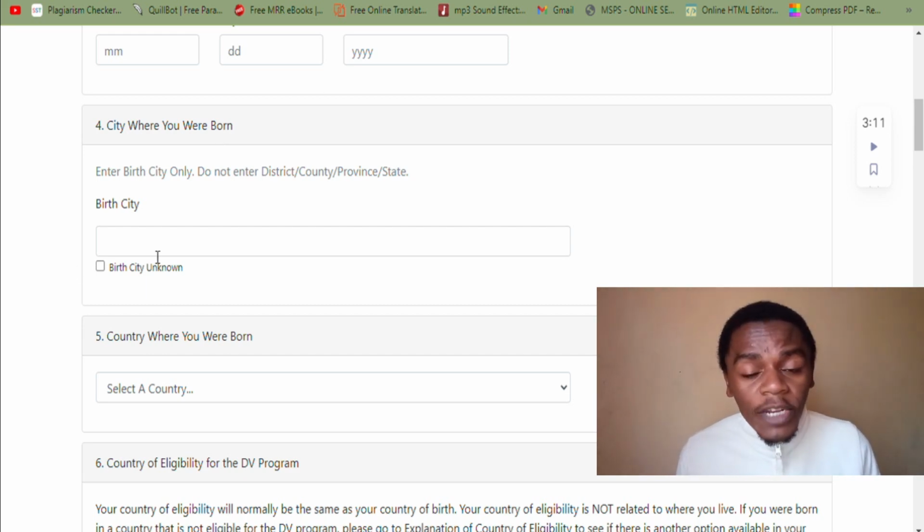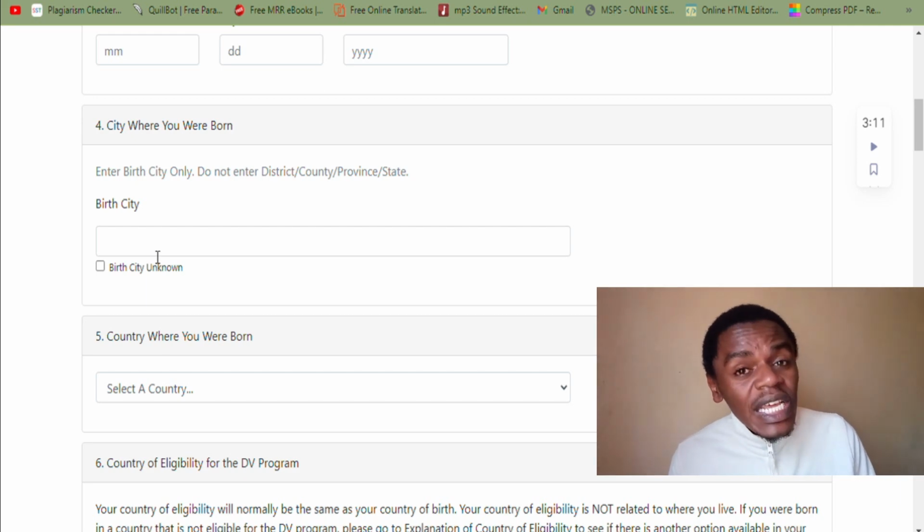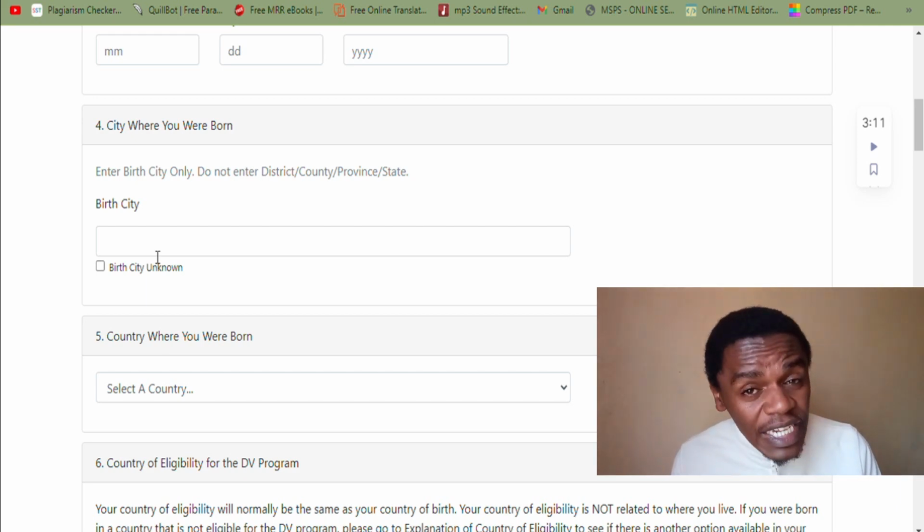Let me use the example of Uganda. For example, you are born in Mulago in Uganda, and Mulago is one of the villages near the city of Kampala. When you are selecting the city of birth, you don't put Kampala. No, you put Mulago, because Mulago is what appears on the birth certificate.